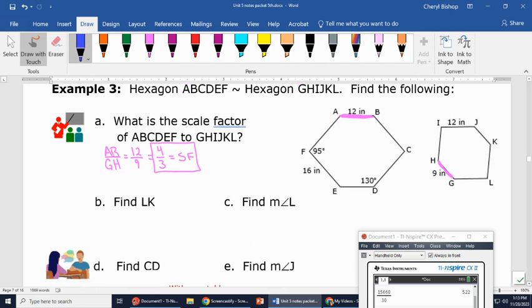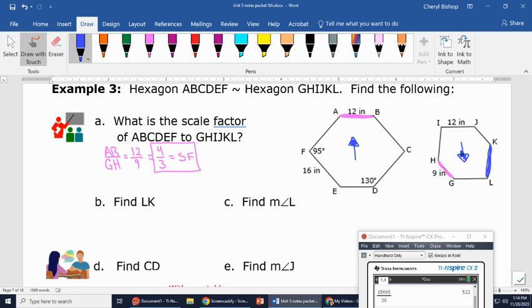So then when it says to find LK, when I look over here, AB was in my numerator. So that means everything from this figure is always going to go on top of a fraction, and anything from this figure is always going to go on the bottom, because we did A, B, C, D, E, F to G, H, I, J, K, L. So when I'm looking to find LK, is it going to go on the top or the bottom of a fraction?